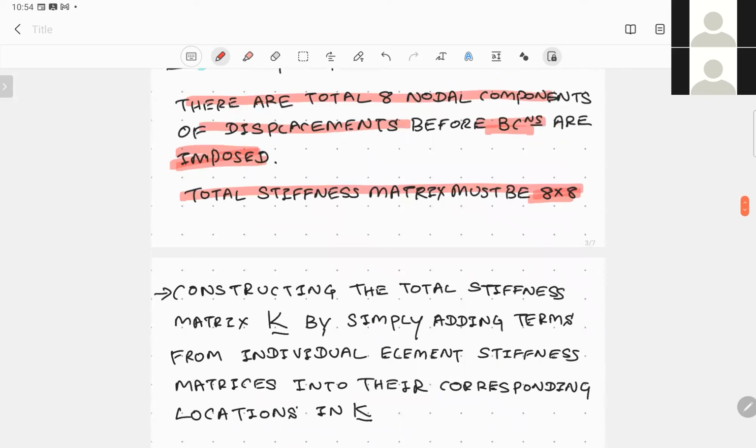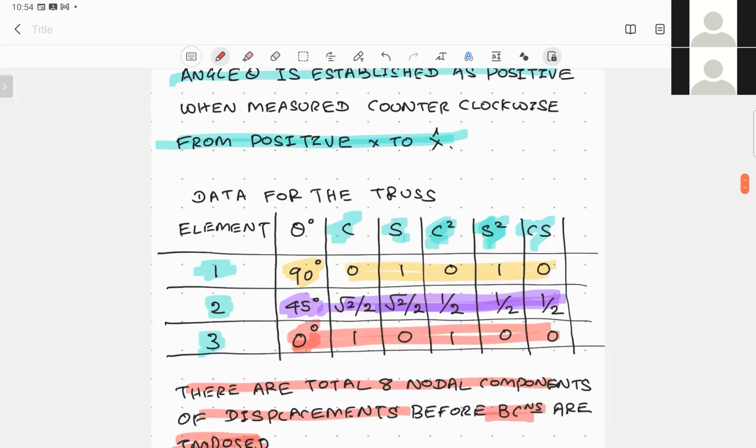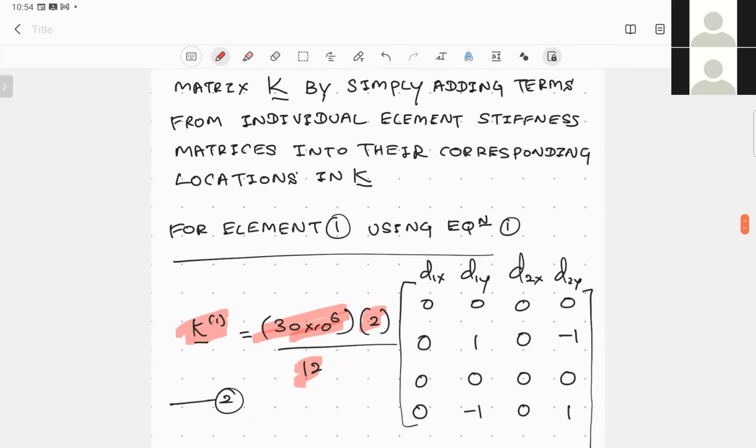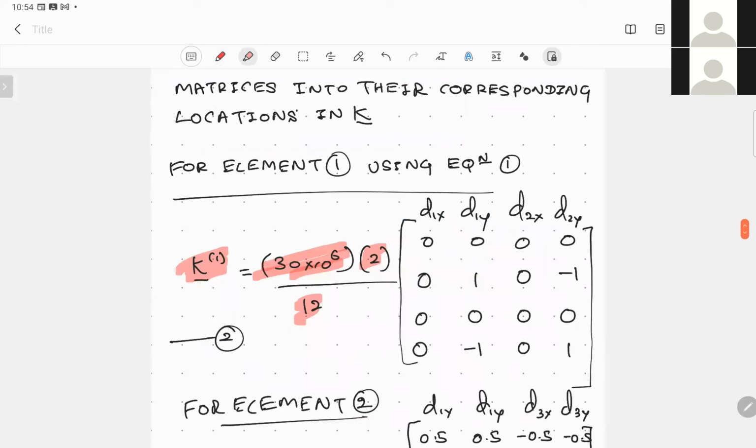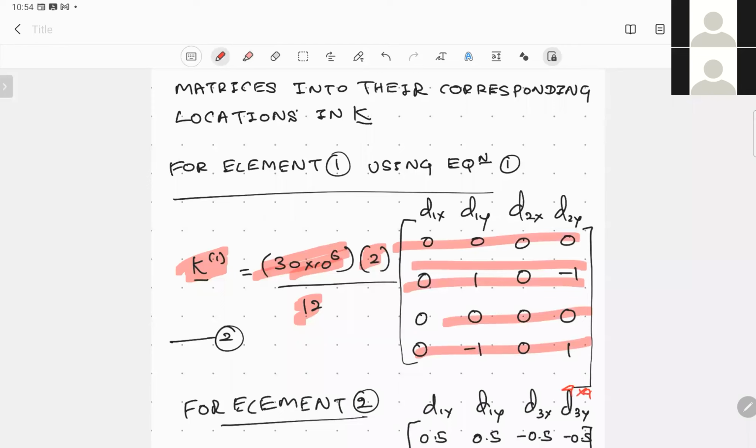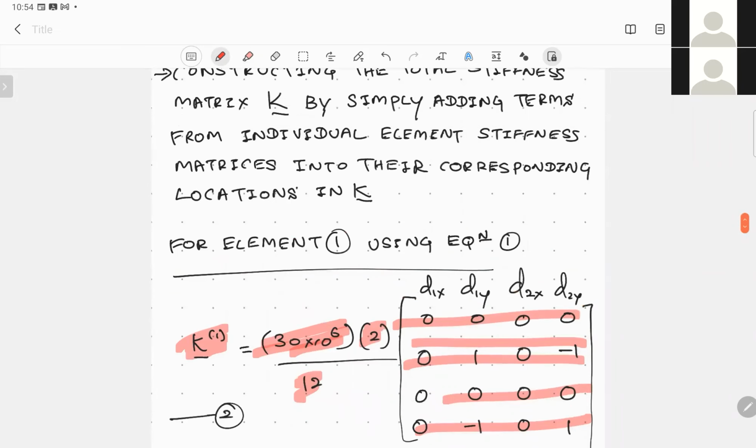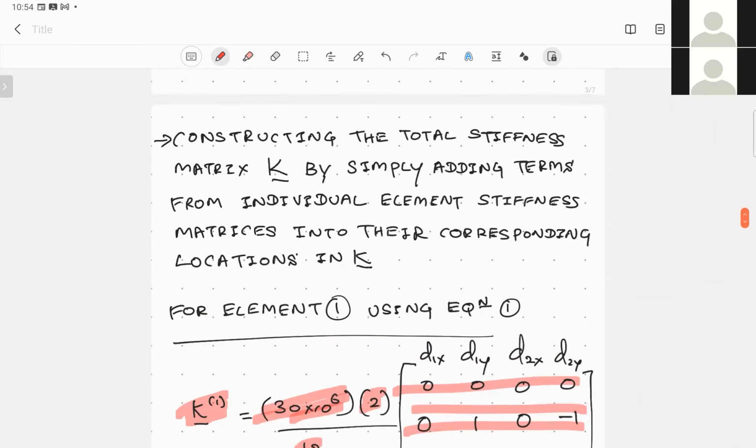Using this table, you can apply the cos and sine terms and the corresponding terms to obtain this matrix, which is a 4 by 4 matrix considering element number 1. Element number 1 corresponds to node number 1 and node number 2.